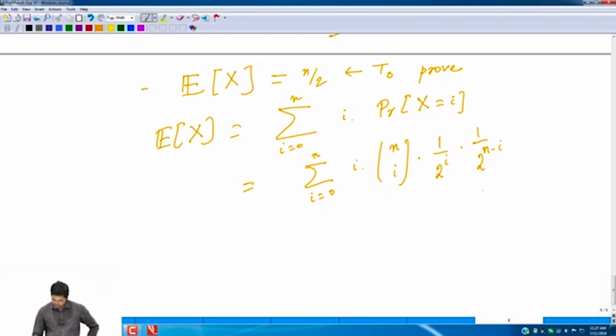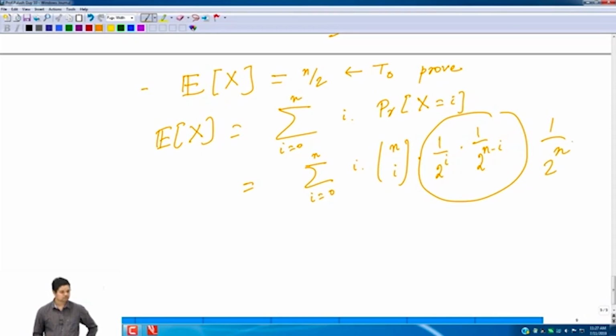And now this is 1 over 2 to the n. n was fixed. So we get the sum for i equal to 0 to n of i times n choose i, times 1 over 2 to the n.